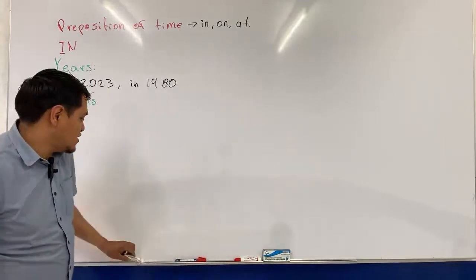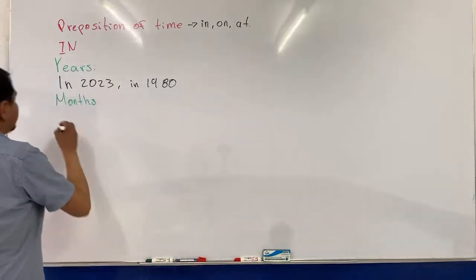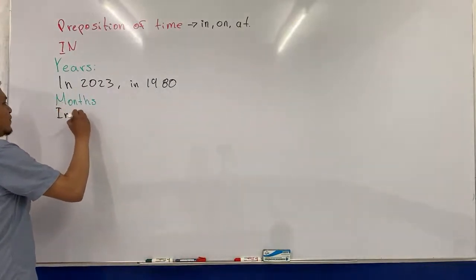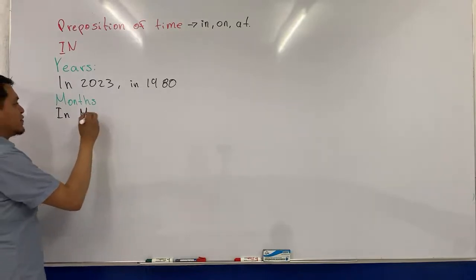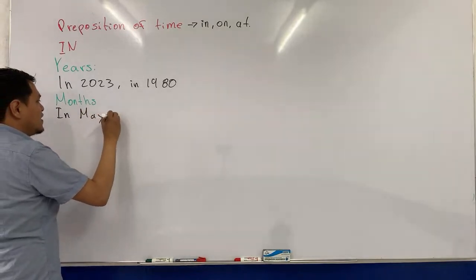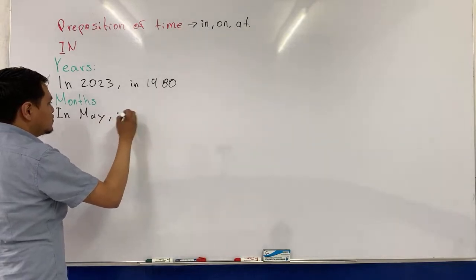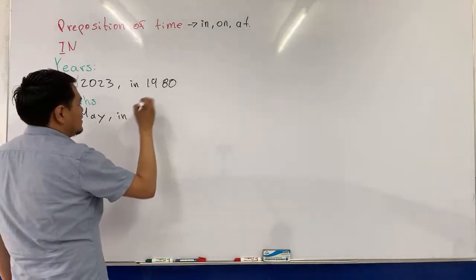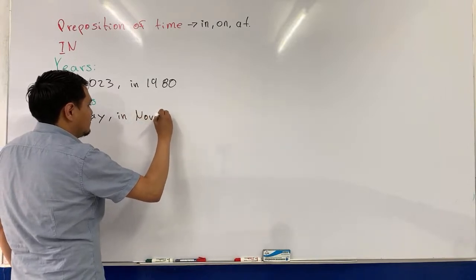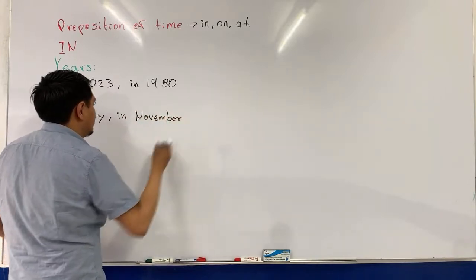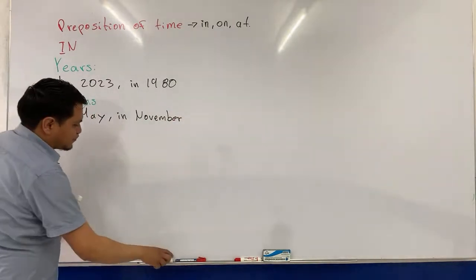In May or in August, for example. In May, remember, all months go in capital letter. In May, in June, in August, in October, in November, all the months.